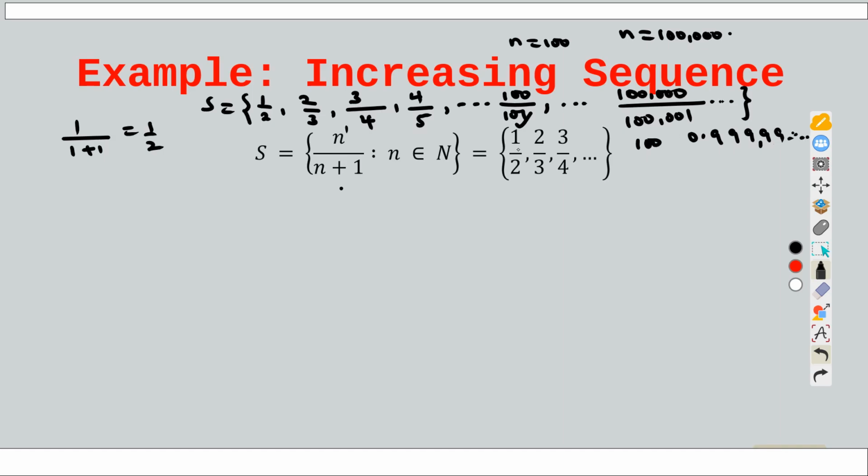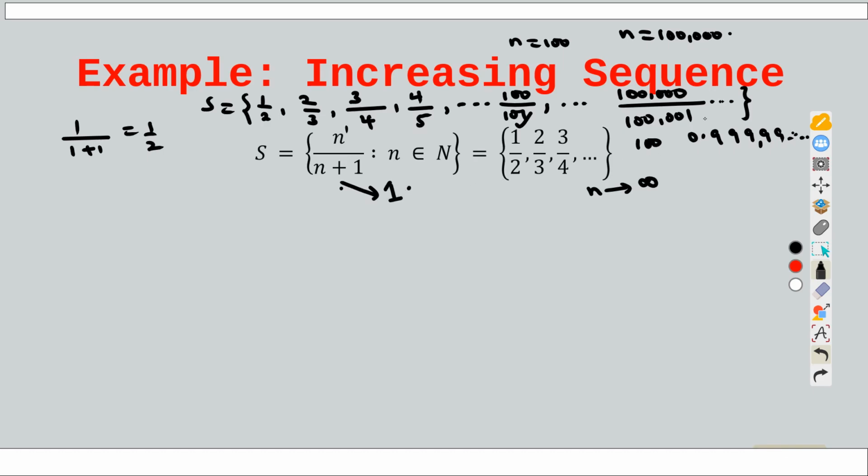So as n keeps on increasing, this value is tending to 1. As n is becoming larger, your sequence is tending to 1, though it might not exceed 1.